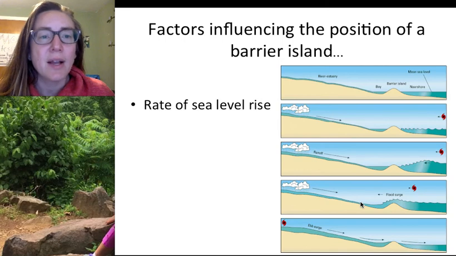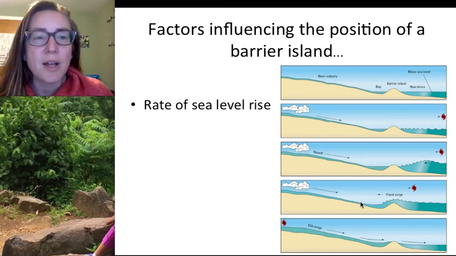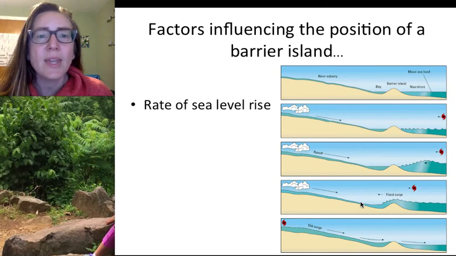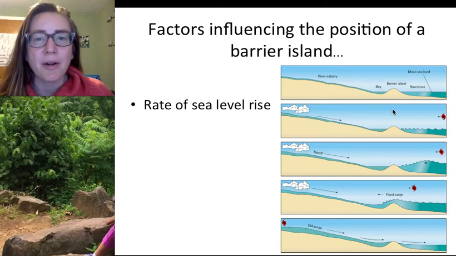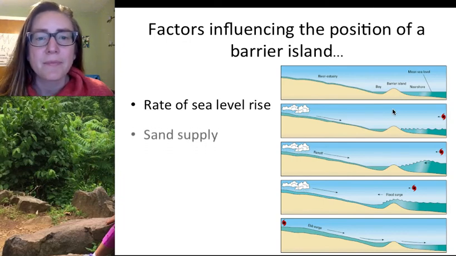And that is gradually, slowly over time, increasing the sea level. And as the sea level increases, it is then going to allow for this mainland to become fragmented and have that separation, forming barrier islands.